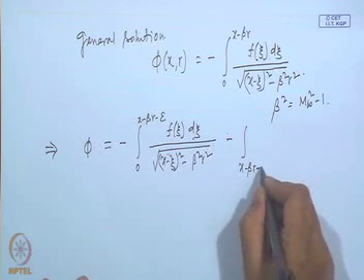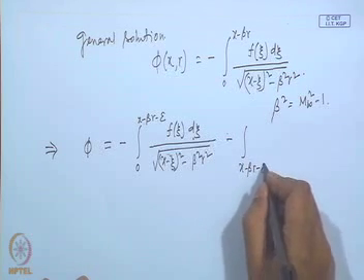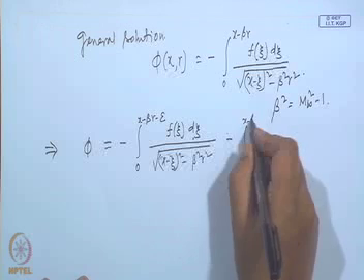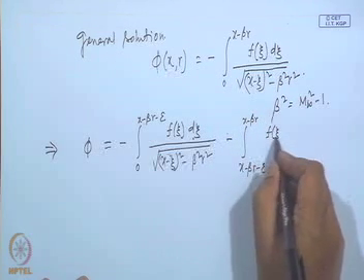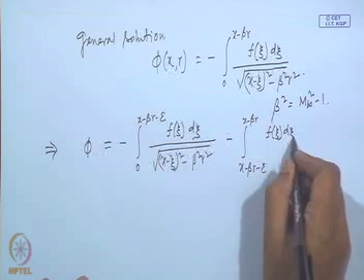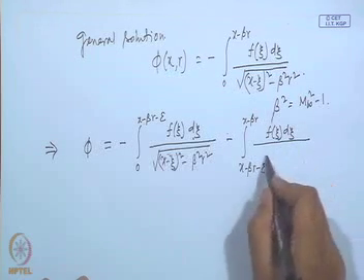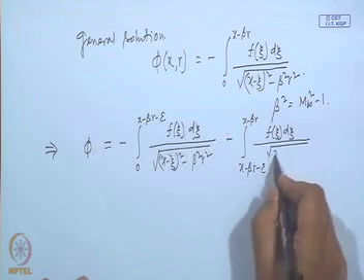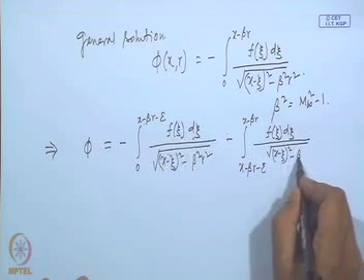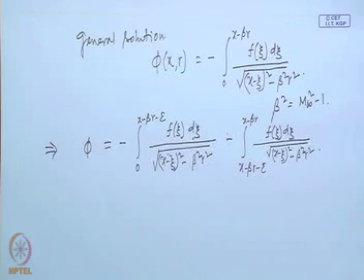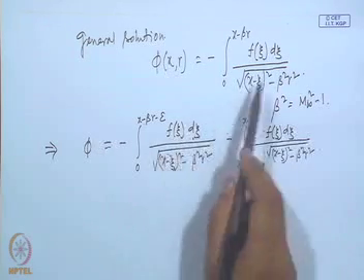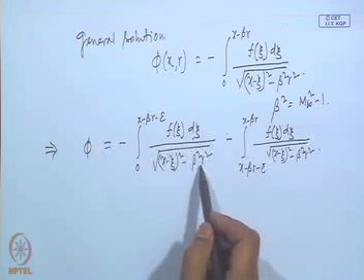This is just to avoid the singularity at the upper limit.